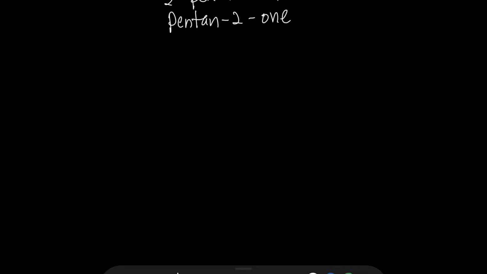Okay, so for the next example, we have this ketone. For this ketone, we have carbonyl, the ketone functional group, and also a double bond. Okay, 1, 2, 3, 4, 5. We can see this is again a pentanone. It contains a double bond at carbon number 3.